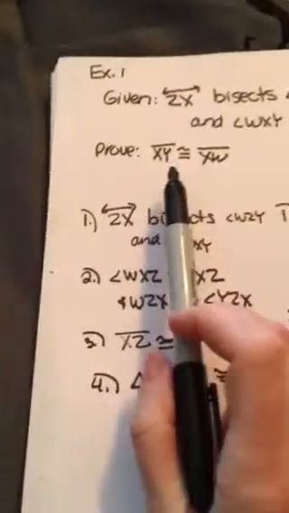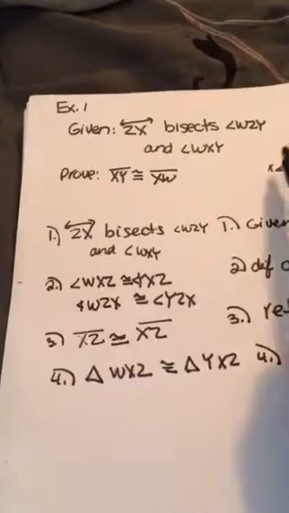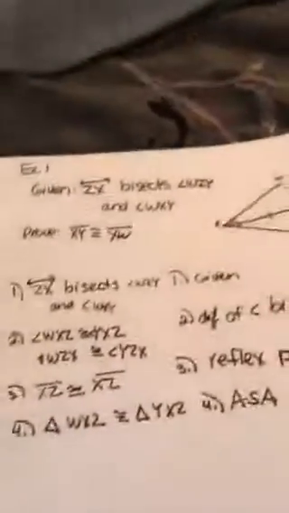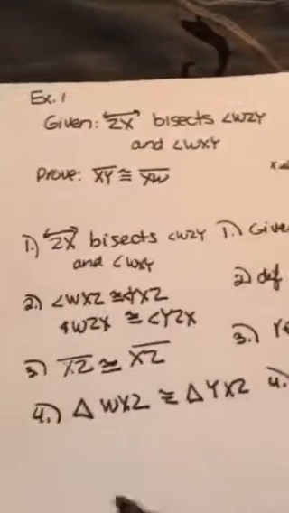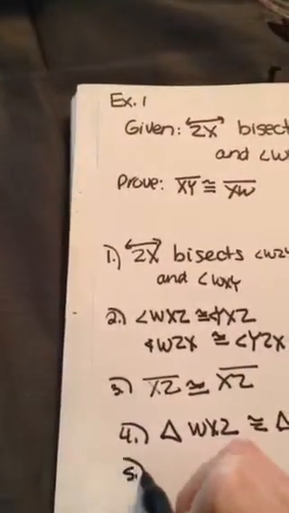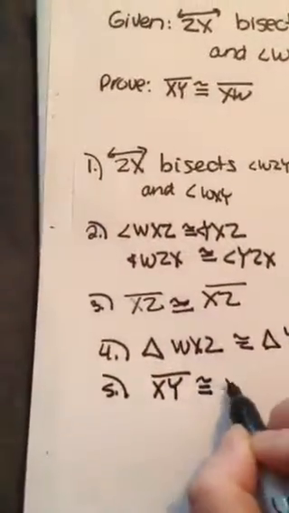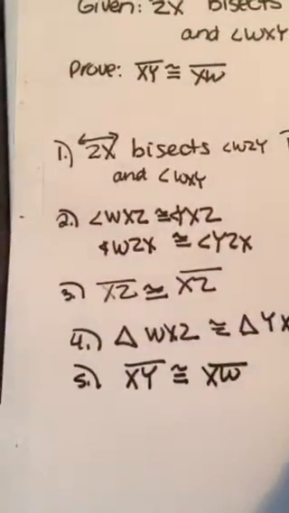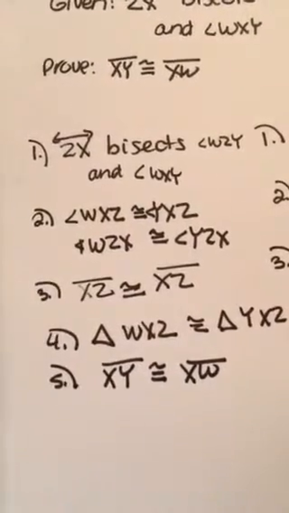They want me to show that XY is congruent to XW. I can do that because they're corresponding parts of these two congruent triangles. So number 5 is XY is congruent to XW, and the reason is the definition of congruent triangles.